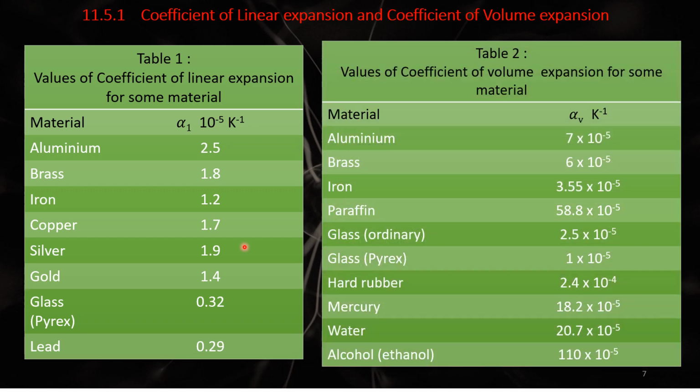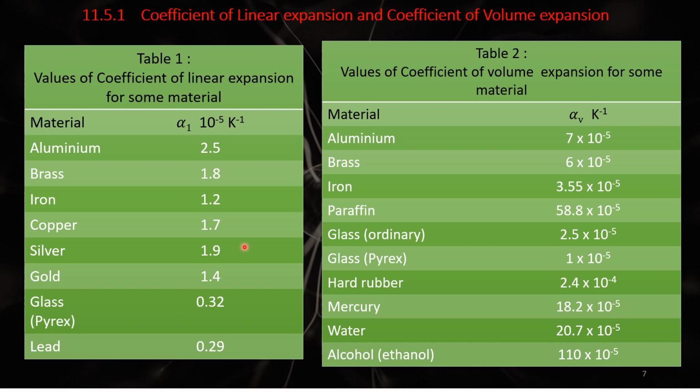Then the next table, table 2, shows the average value of the coefficient of volume expansion for some of the common substances in the temperature range 0 degrees centigrade to 100 degrees centigrade.